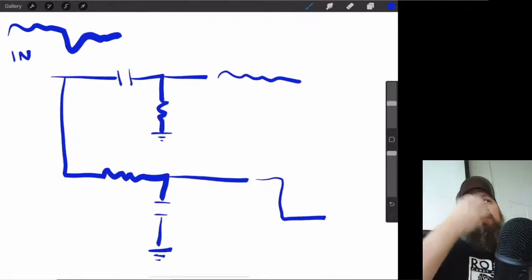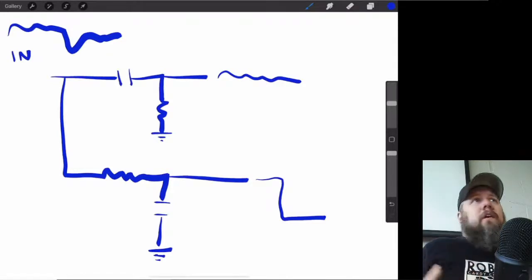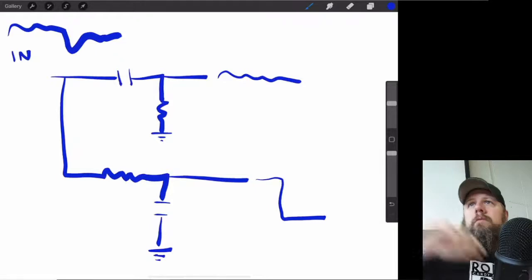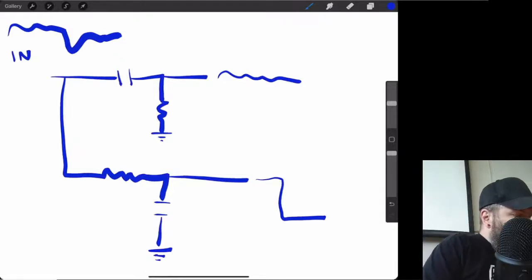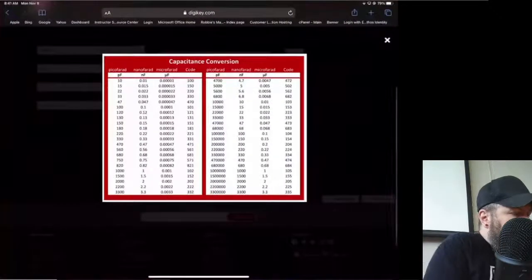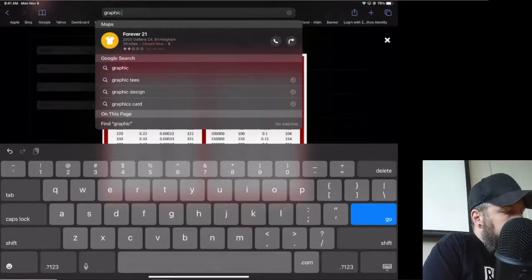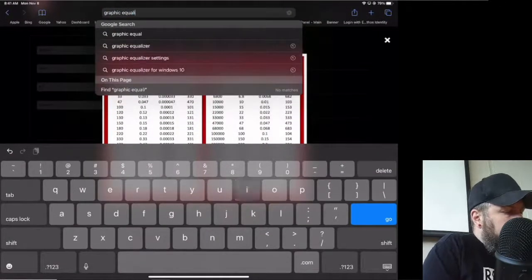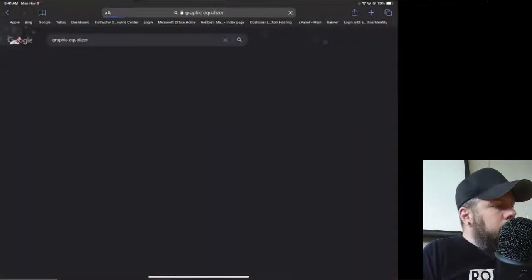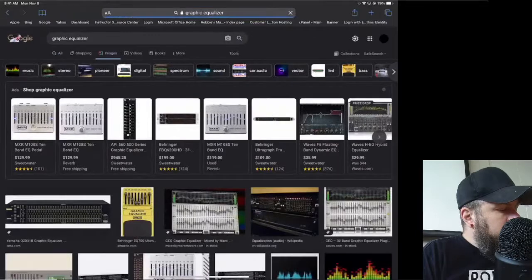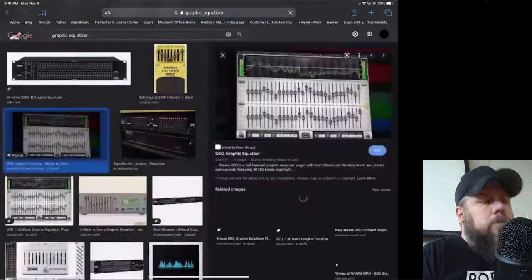So when we're talking about EQ, like equalization, have you ever seen a graphic equalizer? Like if I want a sound system to sound really good, got a bunch of those, right?